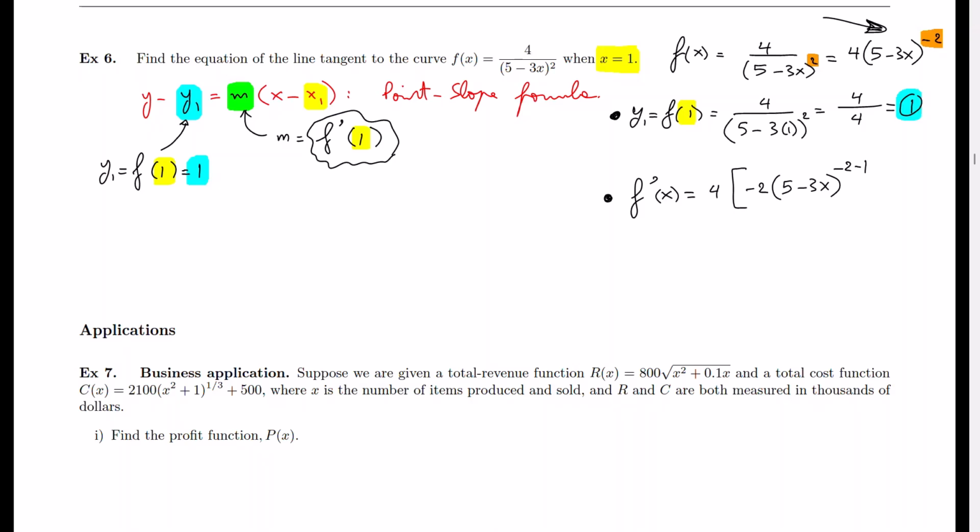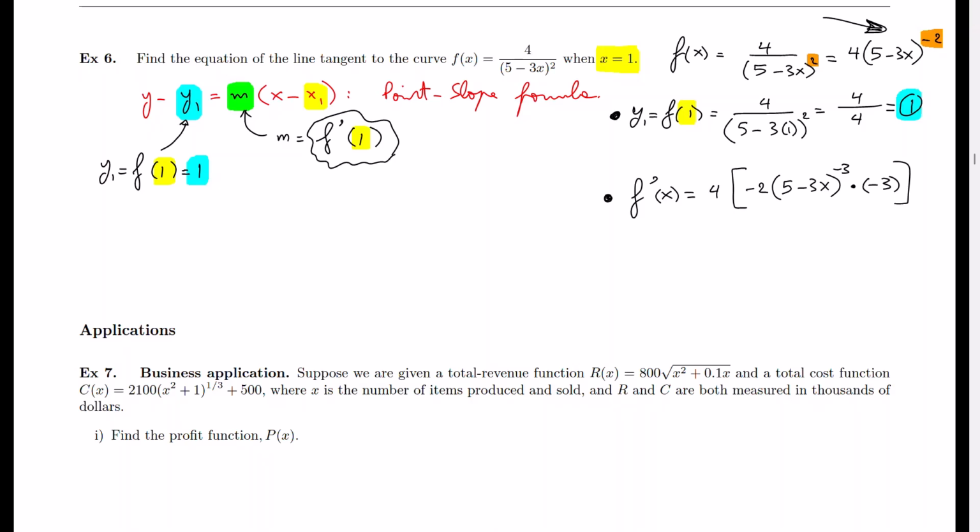The total of negative 2 minus 1 is just negative 3. Let's write that instead. But unfortunately, the base was not regular old x, so now I need the derivative of the inside to go next. The derivative of 5 minus 3x is just simply negative 3. So we write it next to it, and that is the derivative of f of x.